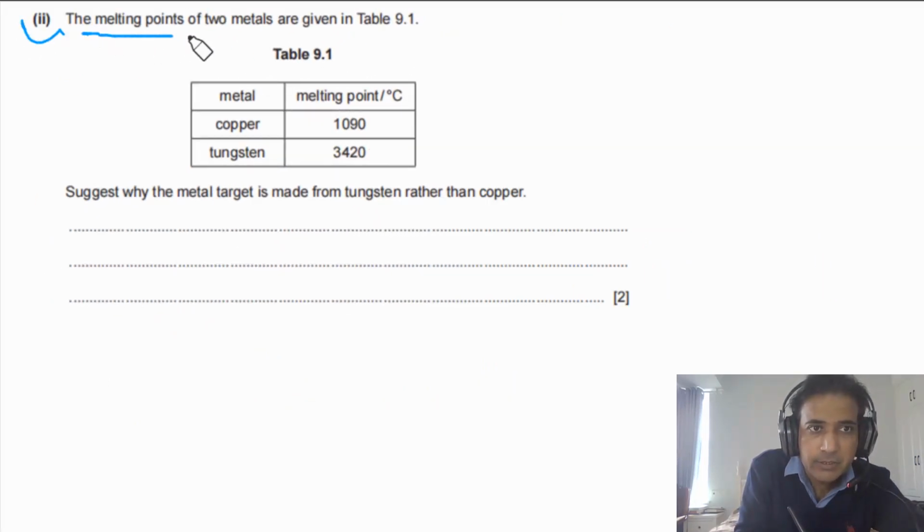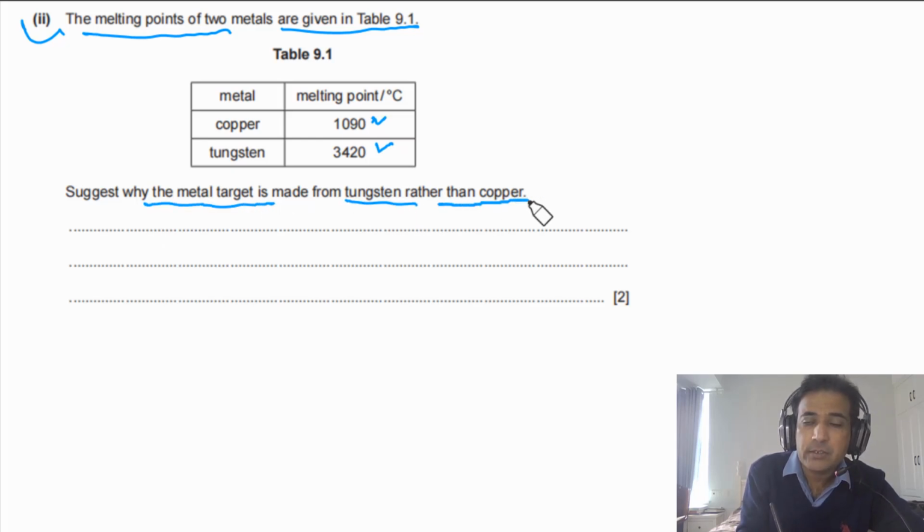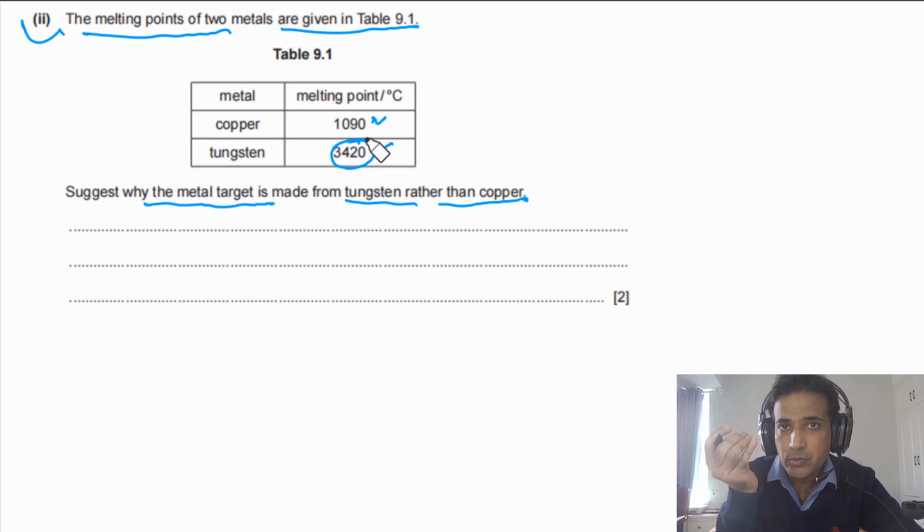The second part says the melting points of two metals are given in table 9.1. Copper melting point is given and tungsten melting point is given. Suggest why the metal target is made from tungsten rather than copper. Because the melting point of tungsten is much higher than the melting point of copper, and during X-ray production a lot of energy is converted into thermal energy.